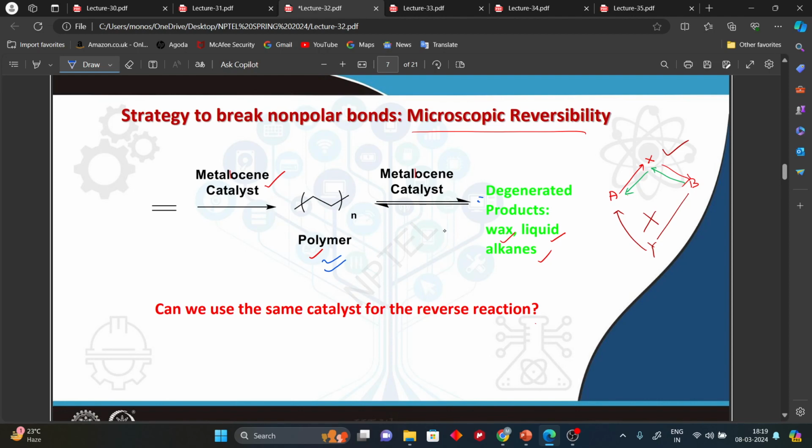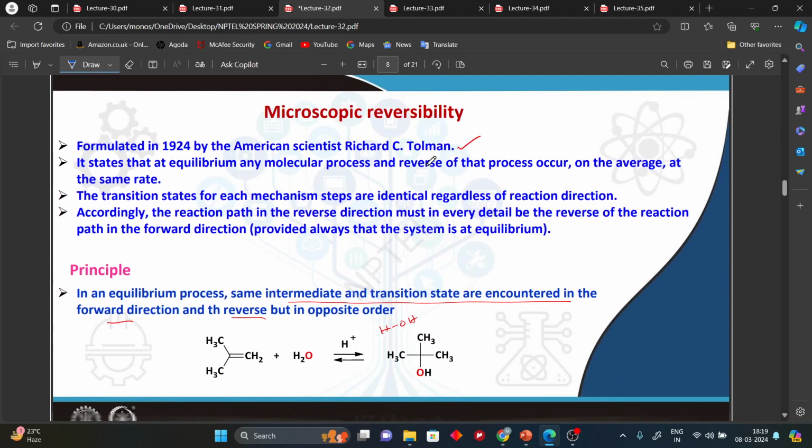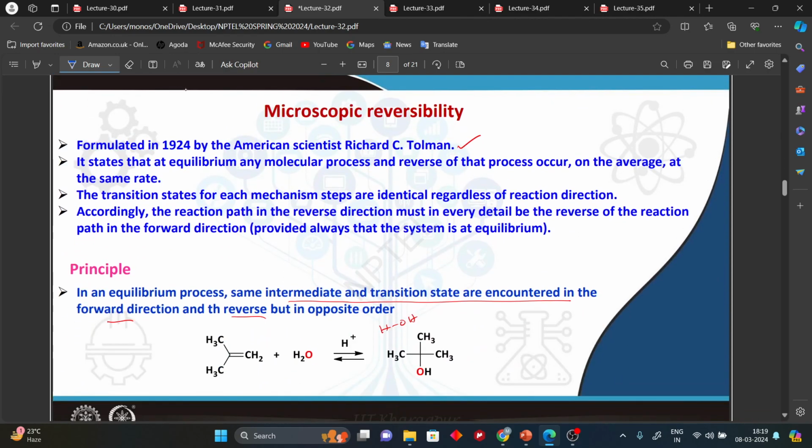That's why this particular term came, microscopic reversibility, in this context. This was proposed in 1924 by Richard Tolman, and it says that at equilibrium, any molecular process and the reverse of that occur on average at the same rate.